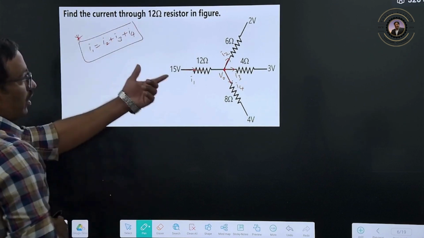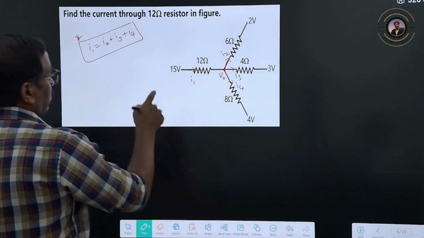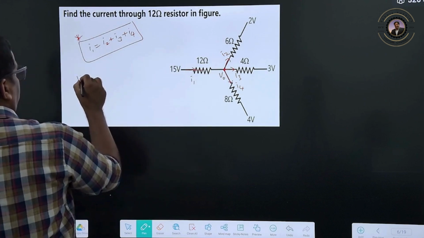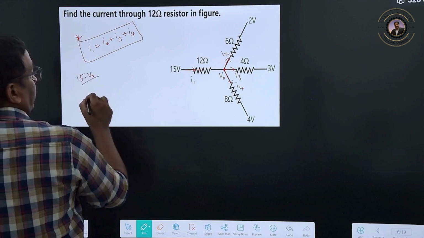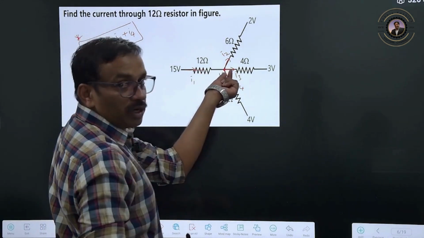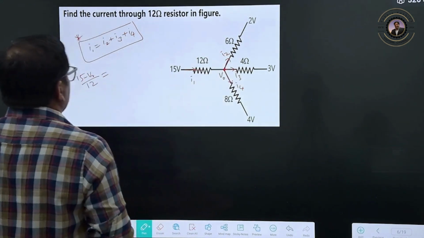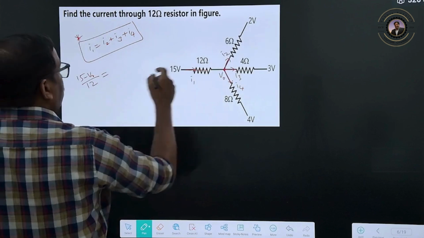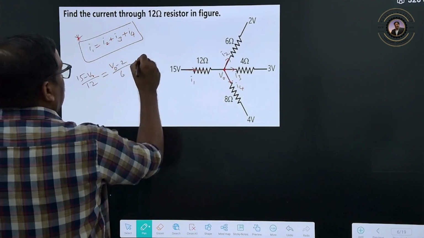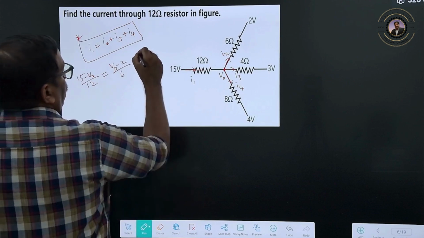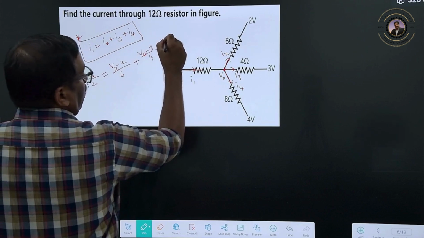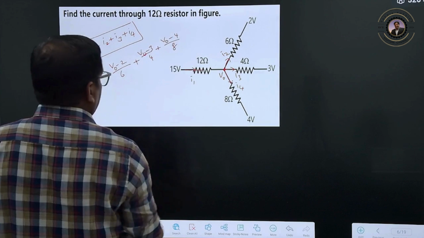Now we can go for potential difference. Here we can apply, from here to here it is 15 minus V0 by 12. We don't know, therefore without finding the junction potential we cannot calculate the currents. So I2 is V0 minus 2 by 6 plus V0 minus 3 by 4 plus V0 minus 4 by 8, clear?